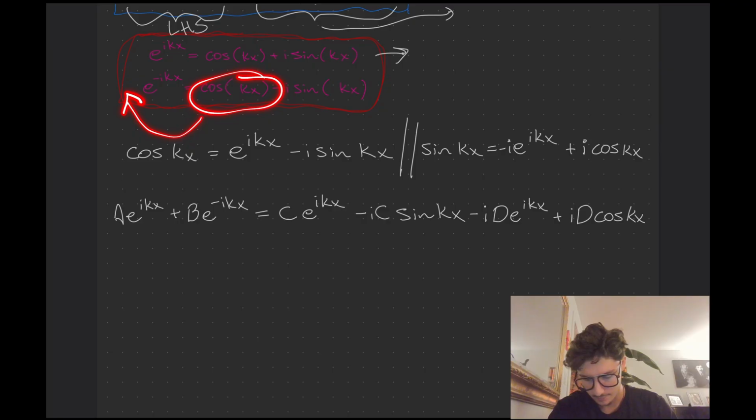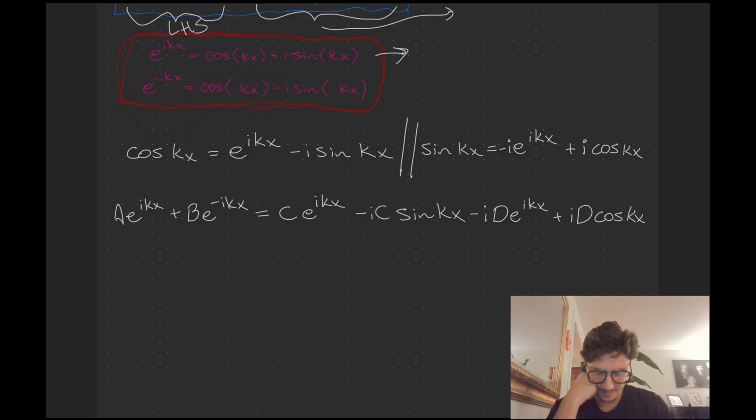This cosine goes here, but the cosine doesn't have an i in it, brother. All right, we're going to move through by just isolating this minus, let me write this in pink, minus i sine kx is equal to e to the minus i kx minus cosine kx.